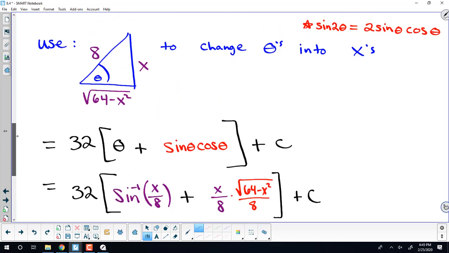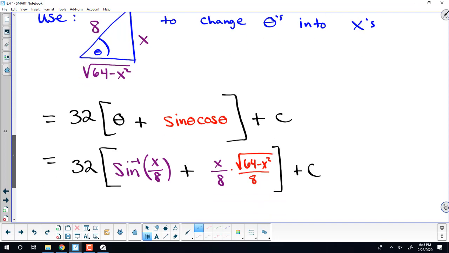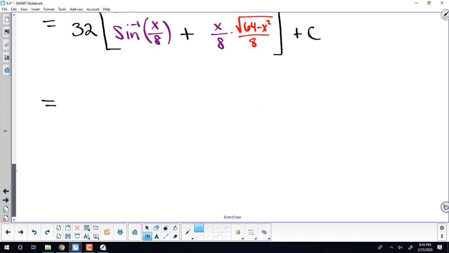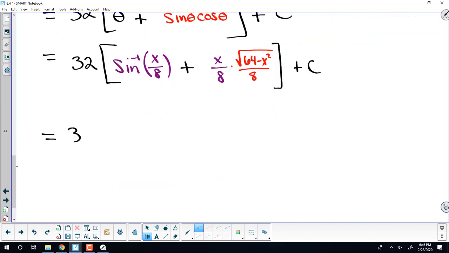Any other questions on any of that? Okay. And we'll just clean this up a little bit. 32 inverse sine x over 8. 64, 32 over 64, 1/2, so we have this.